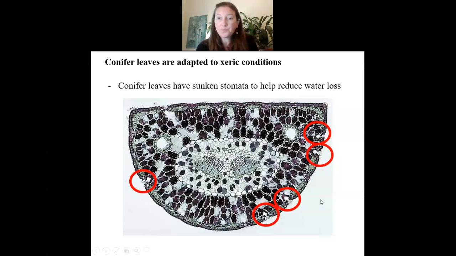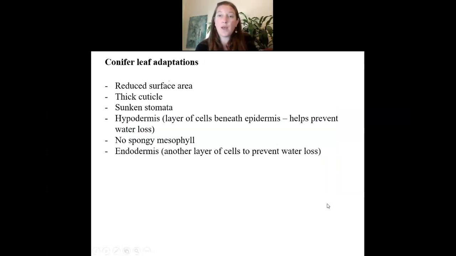So that helps them, if wind is blowing on them, the stomata are deeper into the surface of the leaf. It helps them hold on to water vapor better. So that's one way that conifers are able to live in dry environments. So they have this sunken stomata.